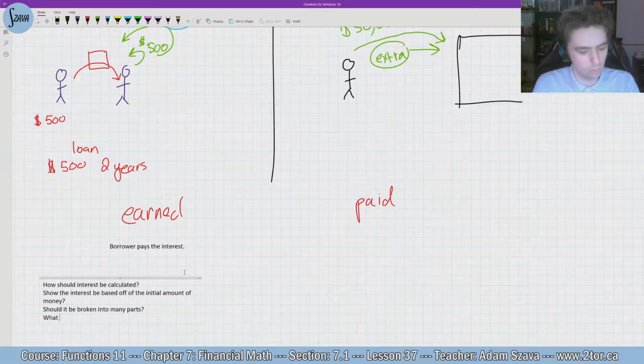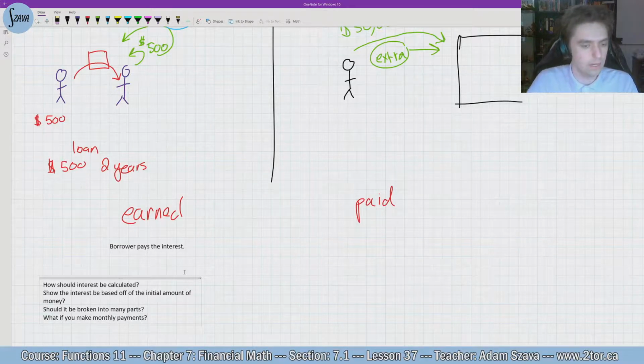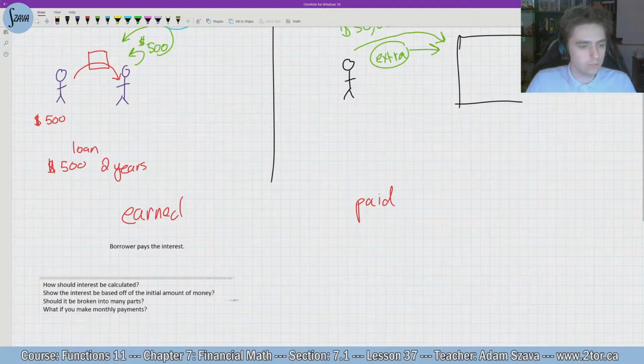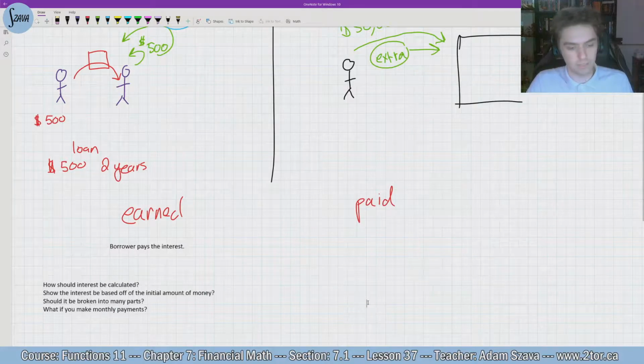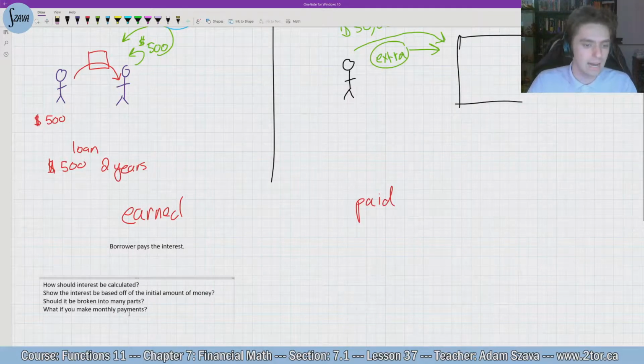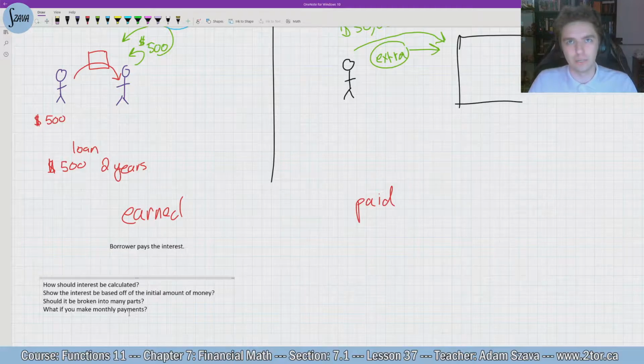And what if you make monthly payments? How does that affect the interest? All of these questions are pretty much the whole point of this unit: to understand how interest is calculated, the different ways we do that, how we can break it into parts, and what happens when we make monthly payments. All of these questions will be answered in this unit.